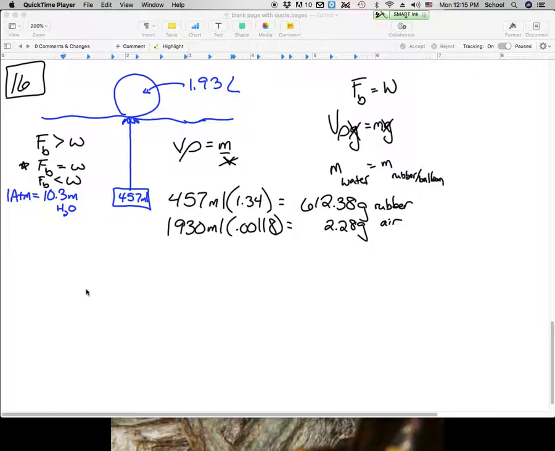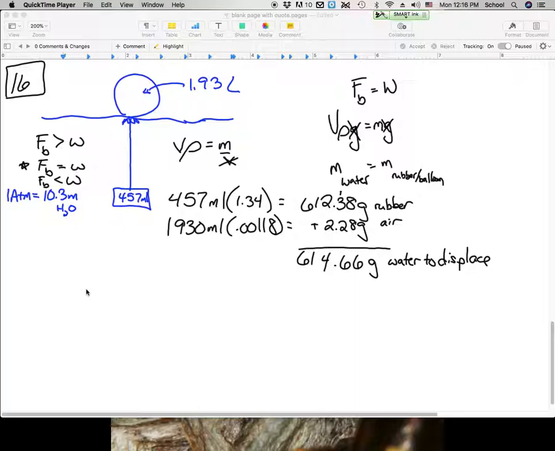So if we have these underwater, we need to displace what mass of seawater? So 8 and 8 make 16, 24. Does that make sense? So the total mass of the other two objects is going to equal the mass of the water that we have to displace.